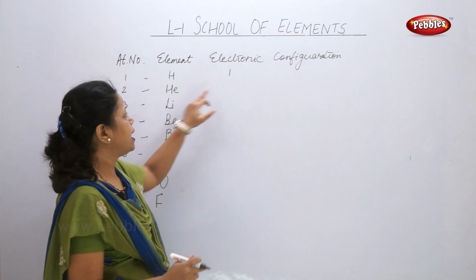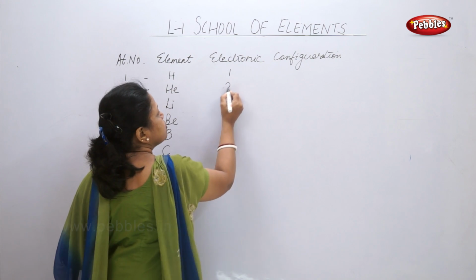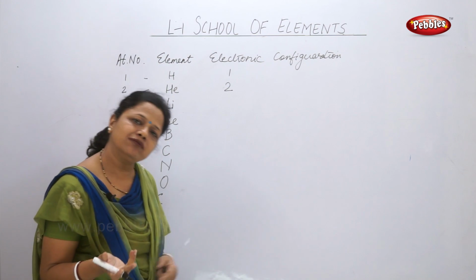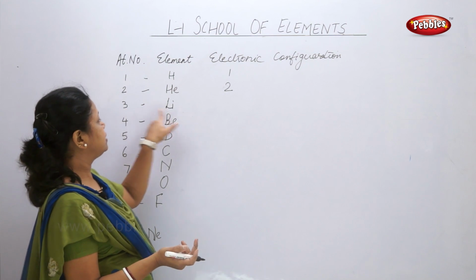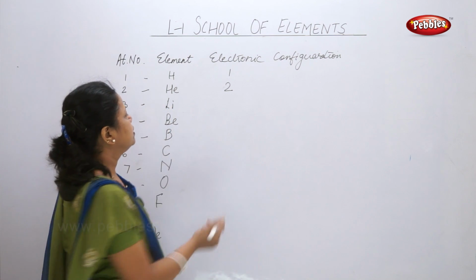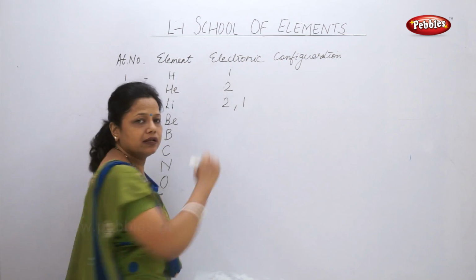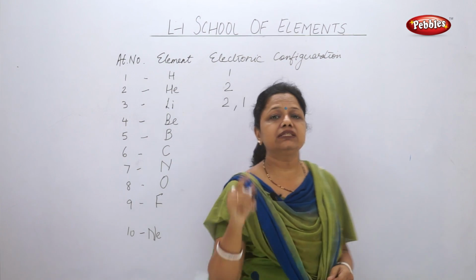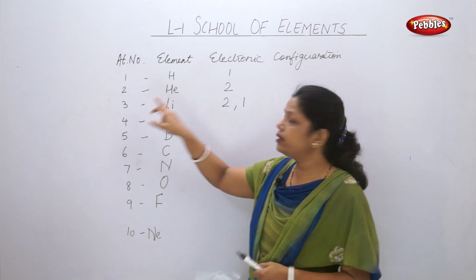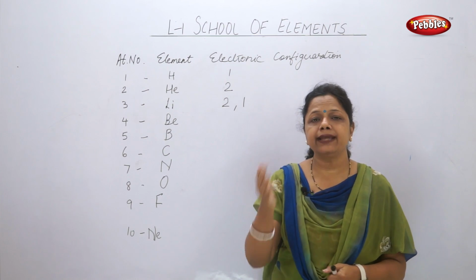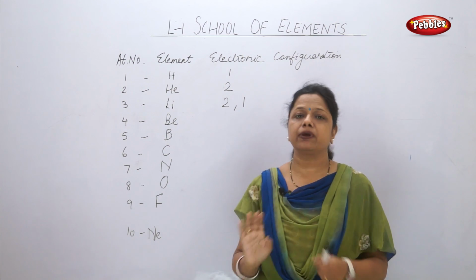Now helium have 2, that means the electronic configuration first shell will have only 2. Third, lithium, Li. So first shell will have 2, second shell will have 1. I am dividing these 3 electrons according to the rules that 2, 8, 18, 32 maximum number can come.